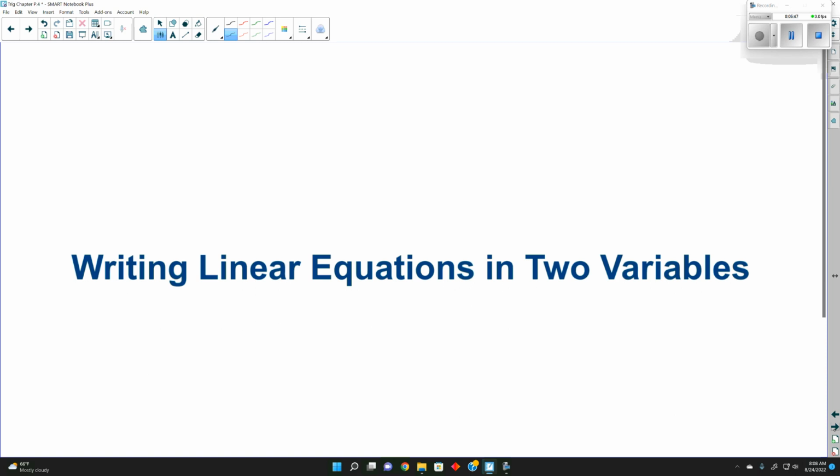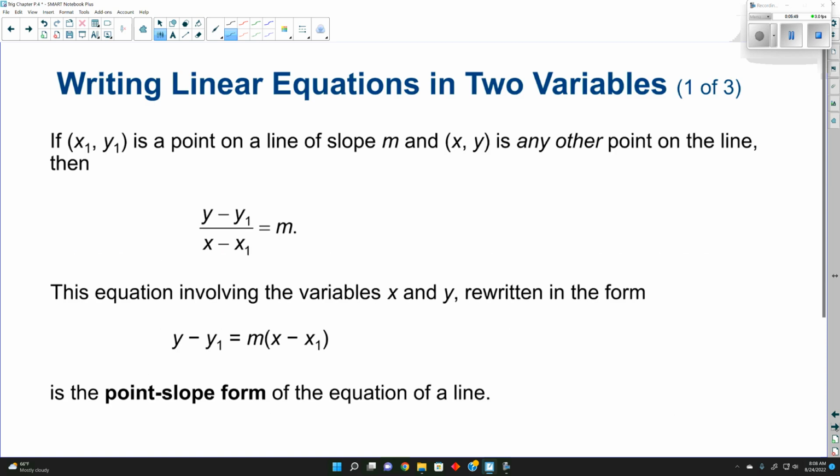Write an equation of a line in two variables. One of the main ones that we use to find the equation of a line is point-slope form. Incidentally, they named it exactly like it is, because (x1, y1) is a point, m is our slope, so we have point-slope form.